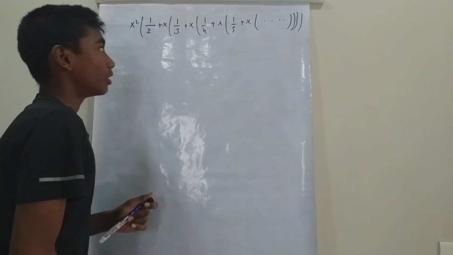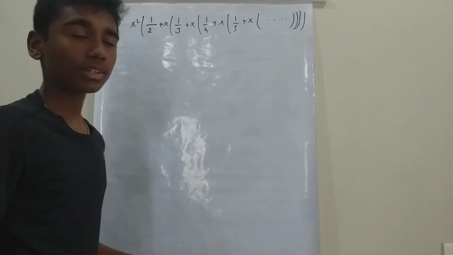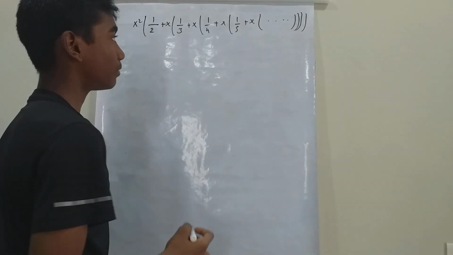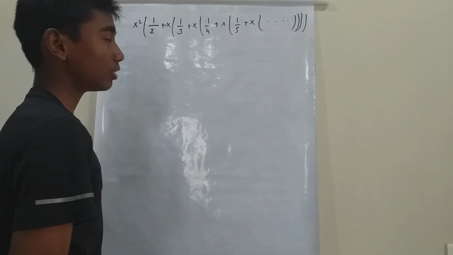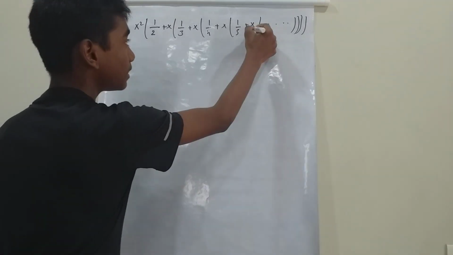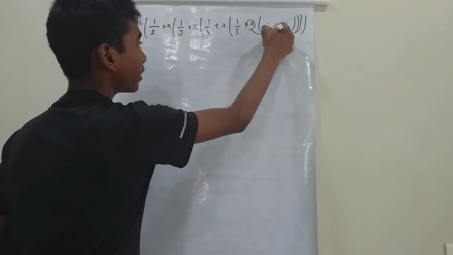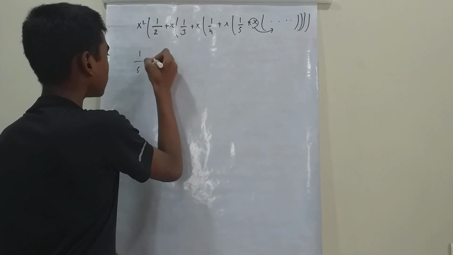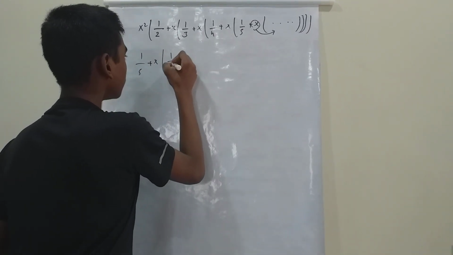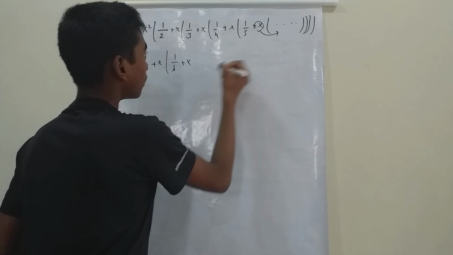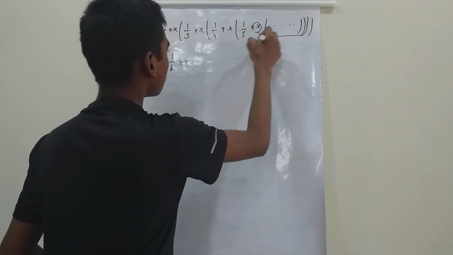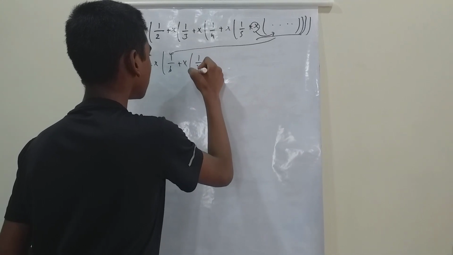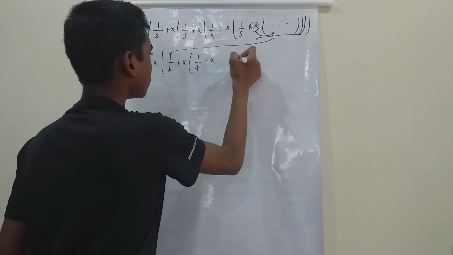So to solve this, first we've got to multiply all the x's to the other side of the equation. So now when I multiply this x over here, I get 1/5 plus x times 1/6 plus x. Well, I'm just increasing this format, so times 1/7 plus x and so on.